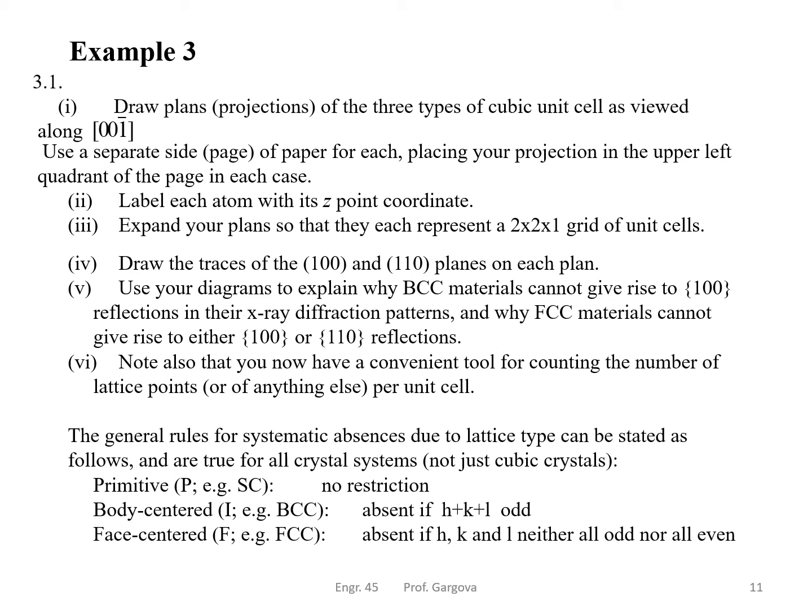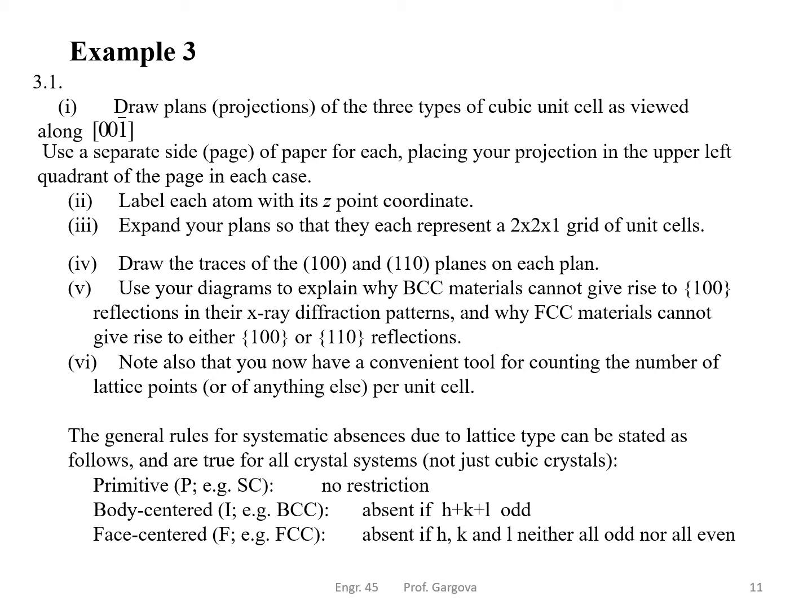And then we're going to label each atom with its Z point coordinate, and then represent our planes in a 2 by 2 by 1 grid of unit cells, and then draw the traces of the 1, 0, 0 and the 1, 1, 0 plane on each plane, and then use your diagrams to explain why BCC material cannot give rise to 1, 0, 0 family reflections in their X-ray diffraction patterns, and why FCC cannot give rise to either 1, 0, 0 or 1, 1, 0 reflections.